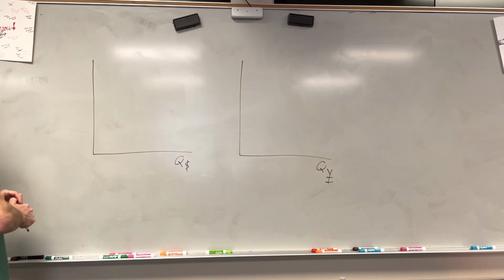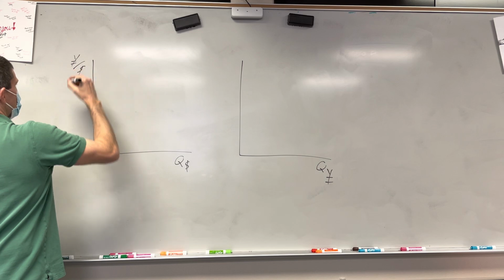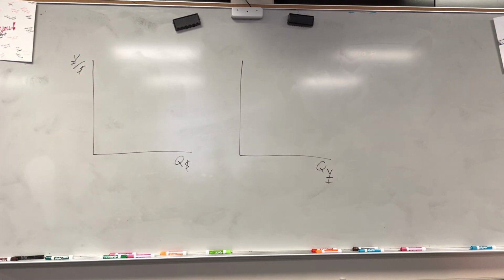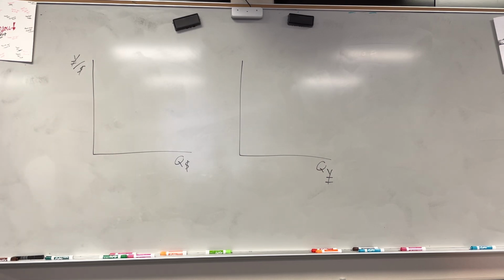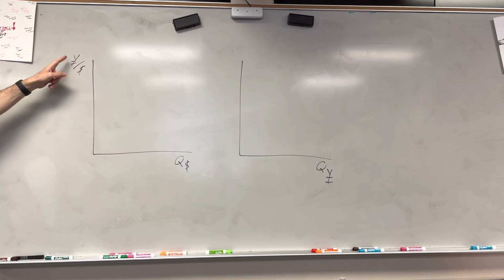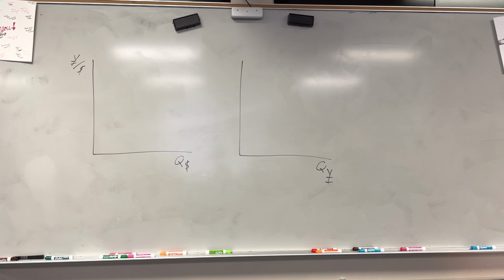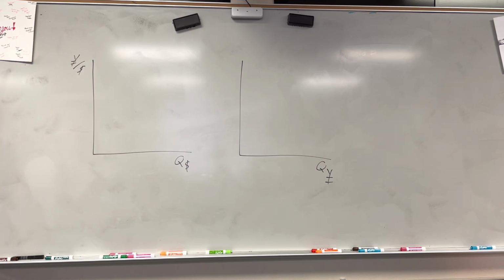What we have here on the y-axis is yen to dollars. Just like in a supply and demand graph, this is price. It just so happens that we are pricing dollars in terms of yen. How many yen does it take to make up a dollar?